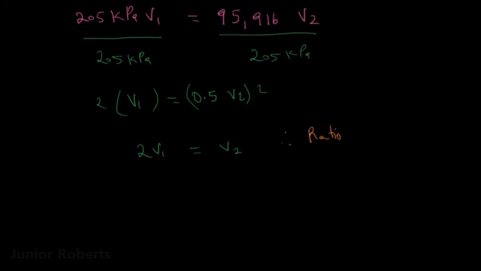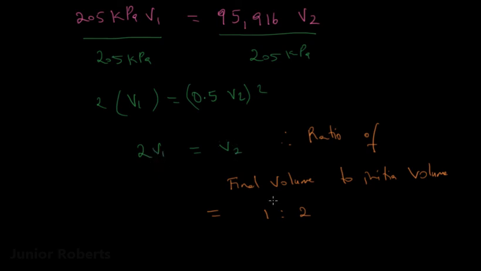So the ratio of final volume to initial volume would be equal to 2 to 1, right? Because again, V2 is our final volume and V1 is our initial volume.